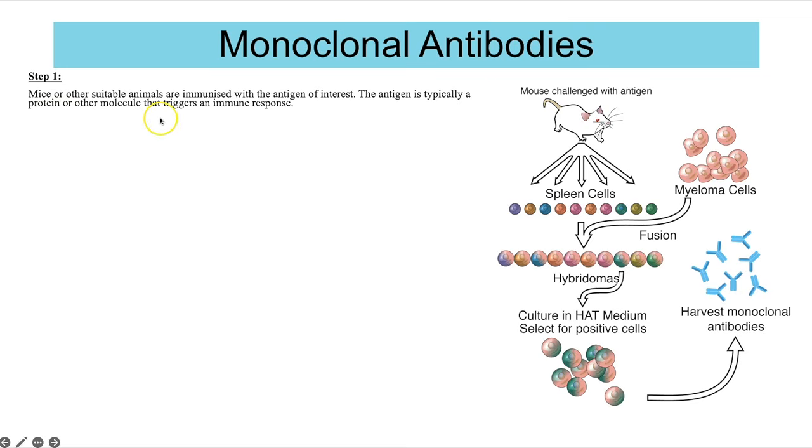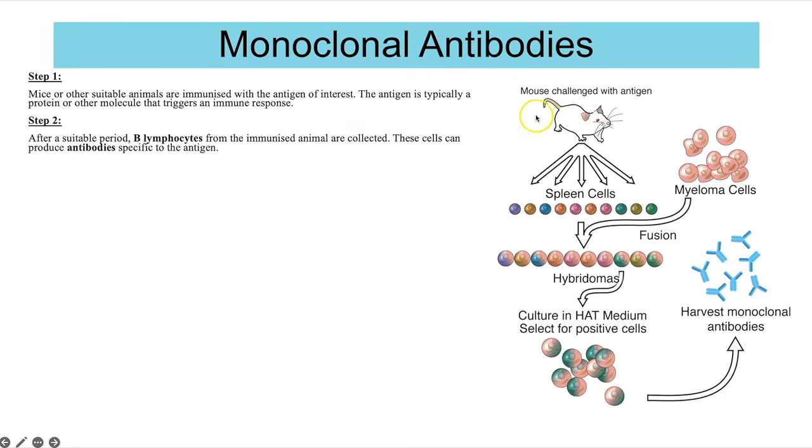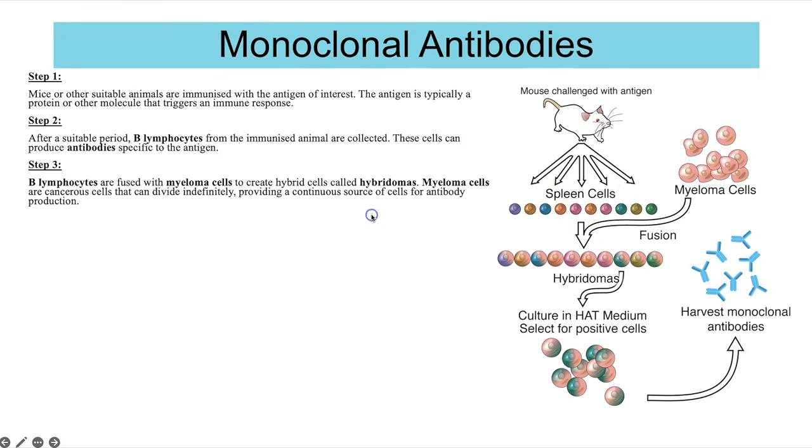Step 1 is mice or other small suitable animals are immunised with an antigen of interest, and the antigen is typically a protein or other molecule that triggers the immune response. Step 2, after a suitable period, the B lymphocytes from that animal are collected, and these cells can produce the antibodies for that particular antigen.